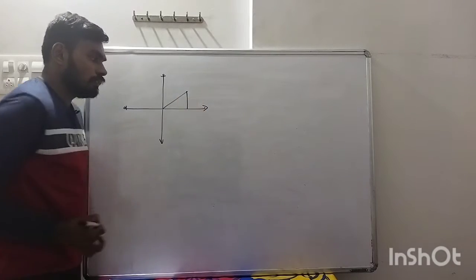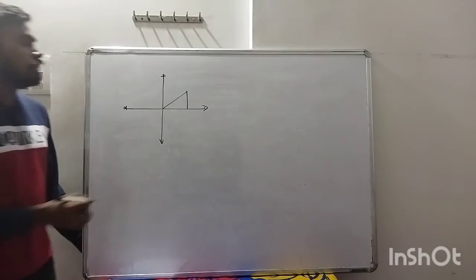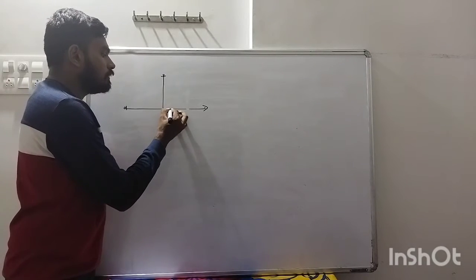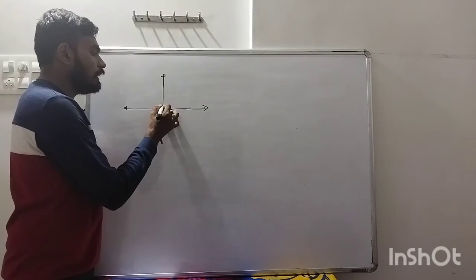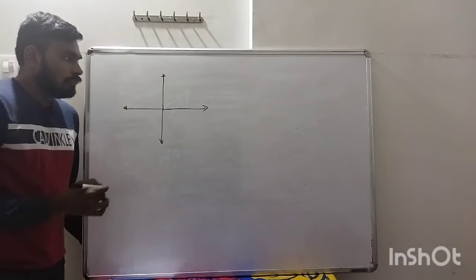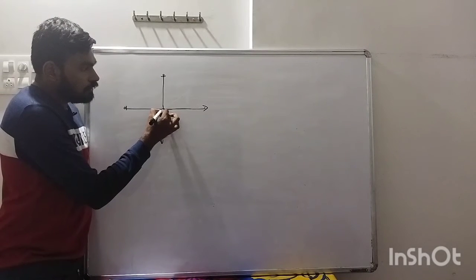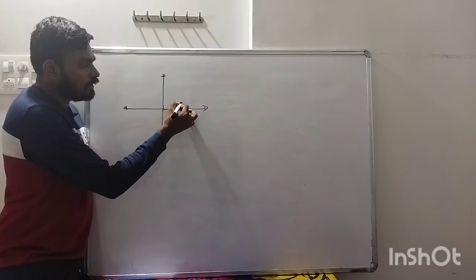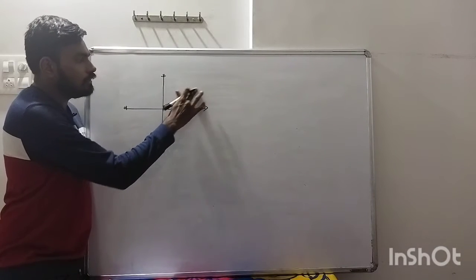See, we take one triangle in any quadrant. If it is the first quadrant, we take a triangle like this. For example, you are given 30 degrees, so draw a line at 30 degrees here.